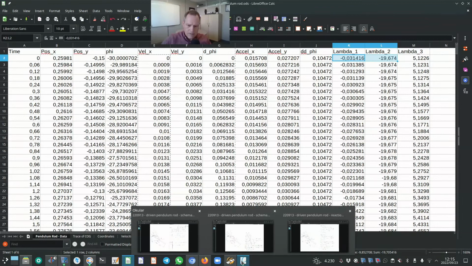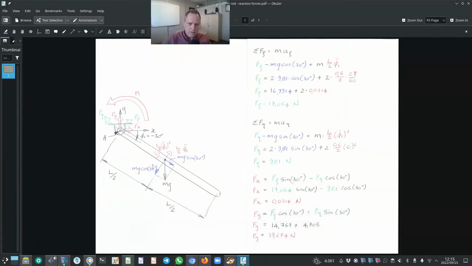So analytically we've calculated that the reaction forces in the x and y directions are given by 0,0314 in the x direction and 19,674 in the y direction, and both of them are in the positive directions as indicated in the schematic on the left hand side.